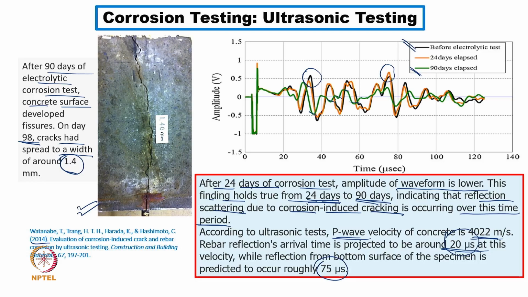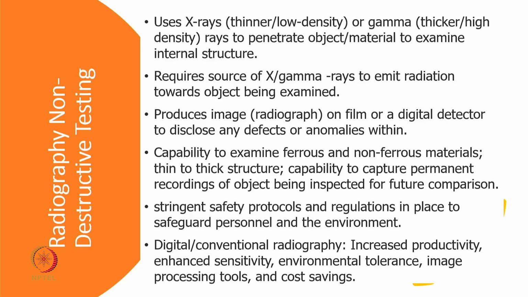That indicates very clearly there are cracks and some sort of scattering, and that is why even the return of complete energy is not within 20 microseconds; it takes much longer, almost 75 microseconds. We know very well that these tests are done continuously in microseconds, and we need to observe how fast the wave is really reaching the surface.